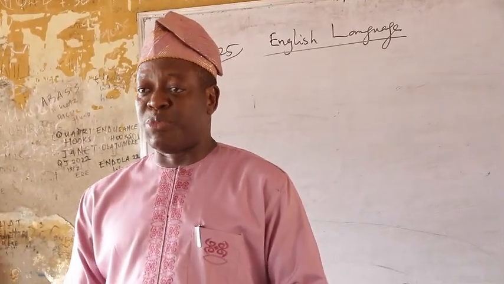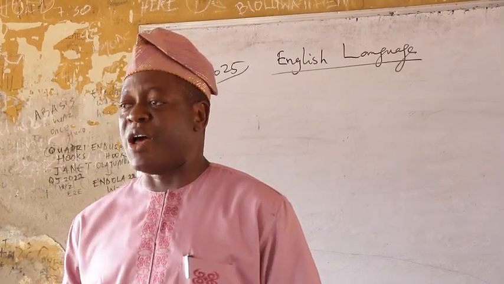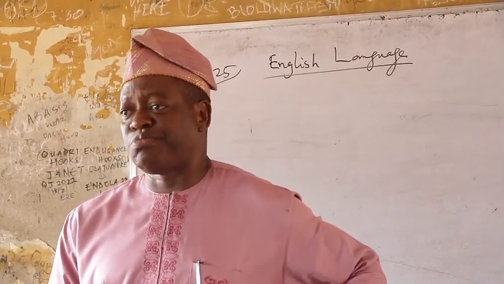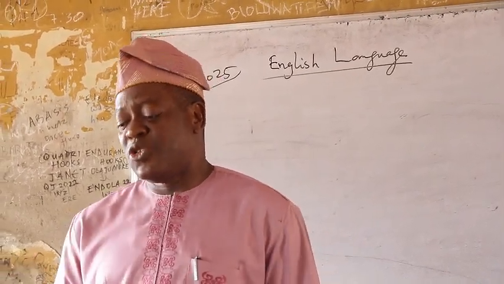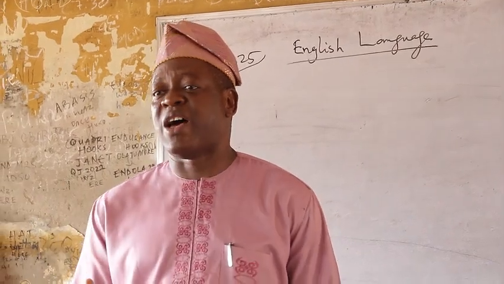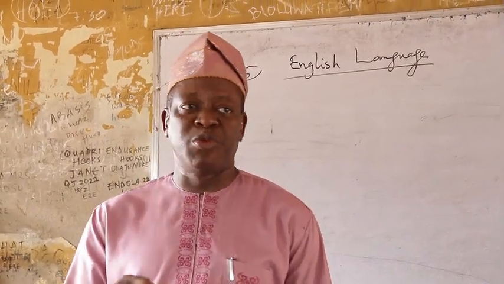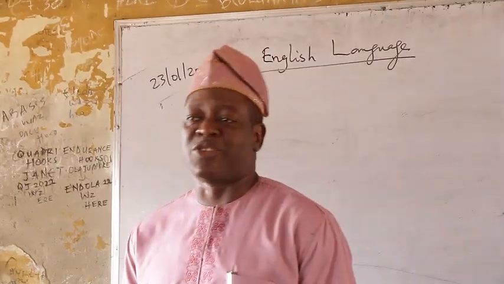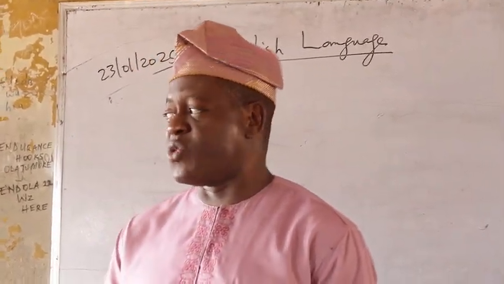But at WAEC level, you need to think. You need to get to the mind of the writer of that passage before you are able to answer reasonable questions or give reasonable answers on the questions asked.